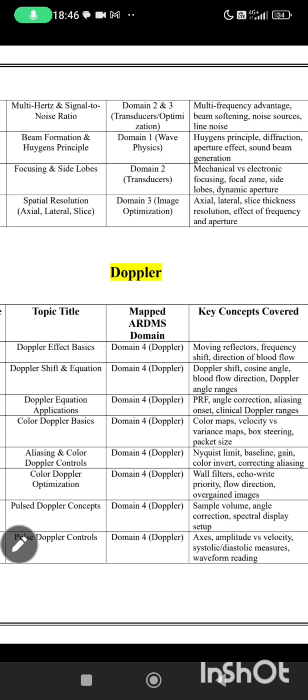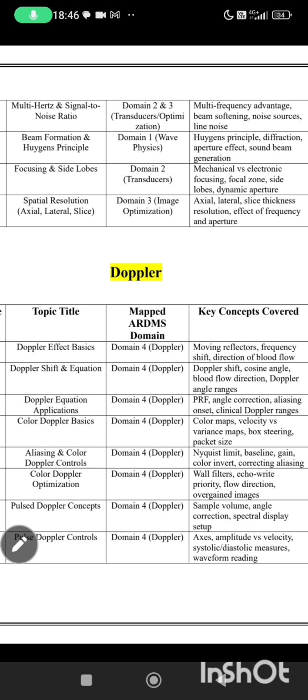So what to do to correct aliasing? You increase the Nyquist limit. And scale? Increase or decrease scale? You decrease scale so that the Nyquist limit will increase.